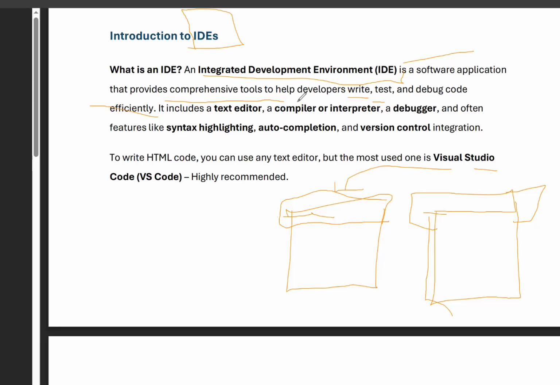So IDEs always come prepackaged with a text editor, and in here you're always going to have the ability of writing the source code based on a particular language. Then, depending on the language, you could have a compiler or an interpreter.